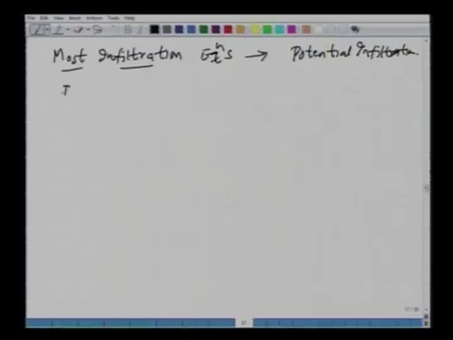So, how do we find the actual? We compare that potential infiltration rate with the intensity of rainfall.